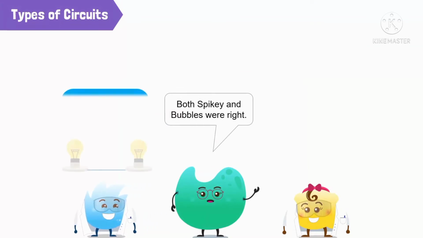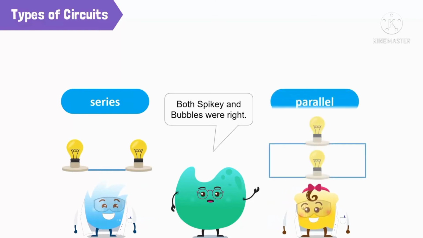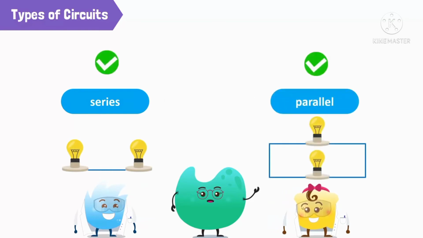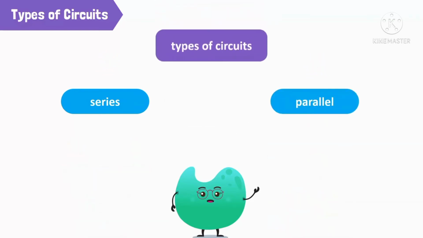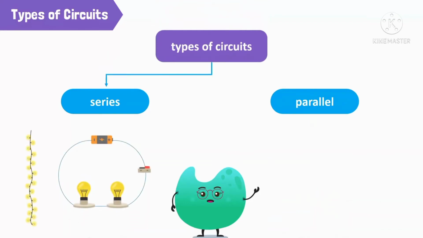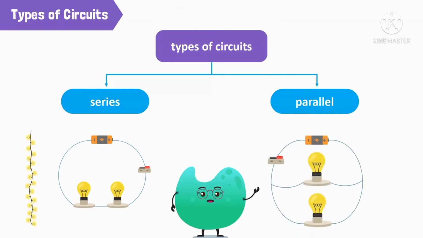Spiky connected the bulbs in series, whereas Bubbles connected the bulbs in parallel. Hence, there are 2 types of circuits. 1. Series circuits, for example, decoration lights. 2. Parallel circuits. Our home appliances are always connected in parallel.